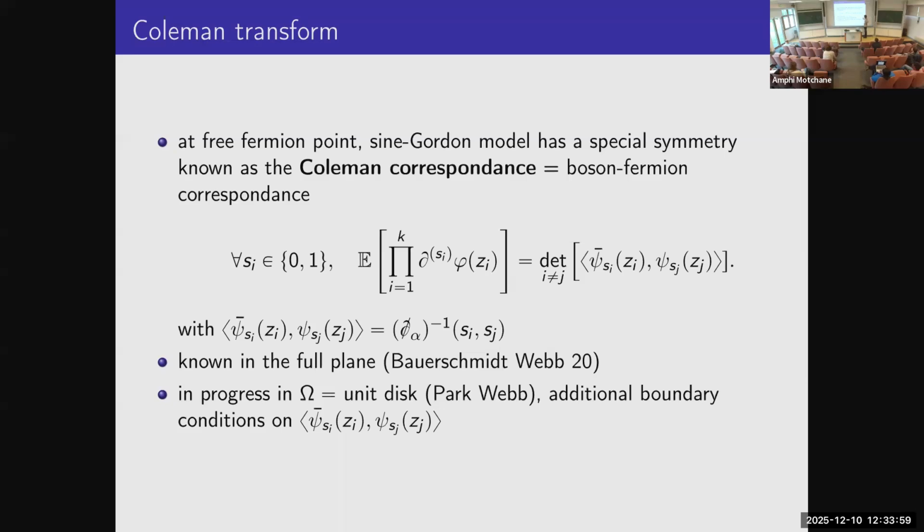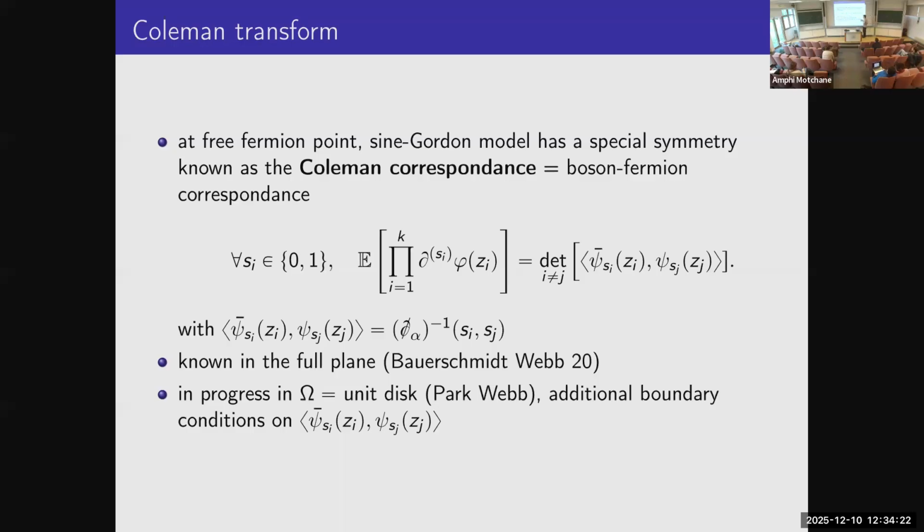What this Coleman correspondence says is that the moments of the derivative of the field are given by the determinant of something, where this thing is actually the inverse massive Dirac operator. So this is really what we want, right?